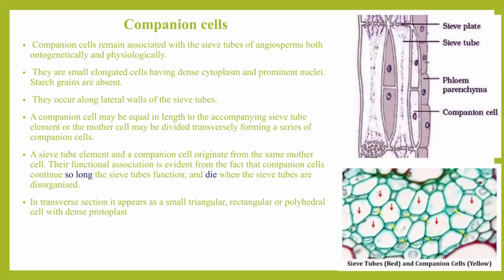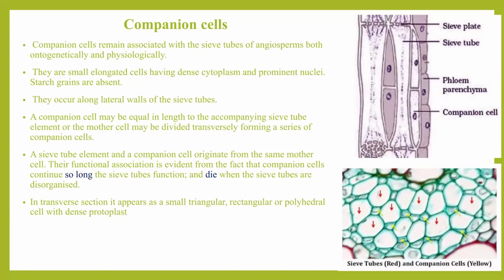A companion cell may be equal in length to the accompanying sieve tube. The sieve tube element or mother cell may be divided transversely, forming a series of companion cells. The sieve tube element and companion cell originate from the same mother cell.